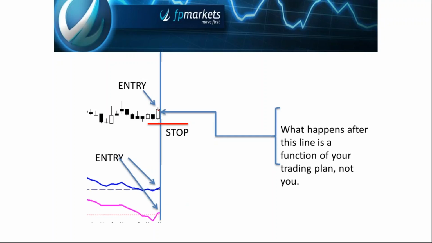So in here we have an entry point, we have a couple of indicators that might give us a little bit of confirmation, and a nice outside up day here, and we've set a stop loss. Fine, that's all we can do up until this point.